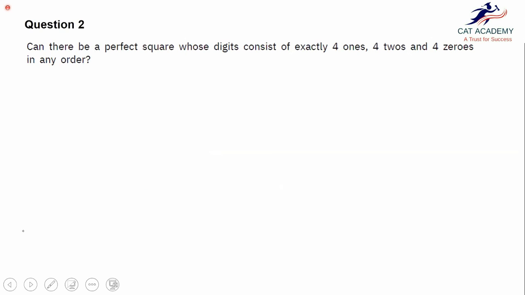So what's the answer to this one? Can there be a perfect square whose digits consist of exactly 4 ones, 4 twos, and 4 zeros in any order? Can there be a perfect square like this? Samarth, the question is saying that, for example, 1, 1, 1, 1, 1, 2, 2, 2, 2.